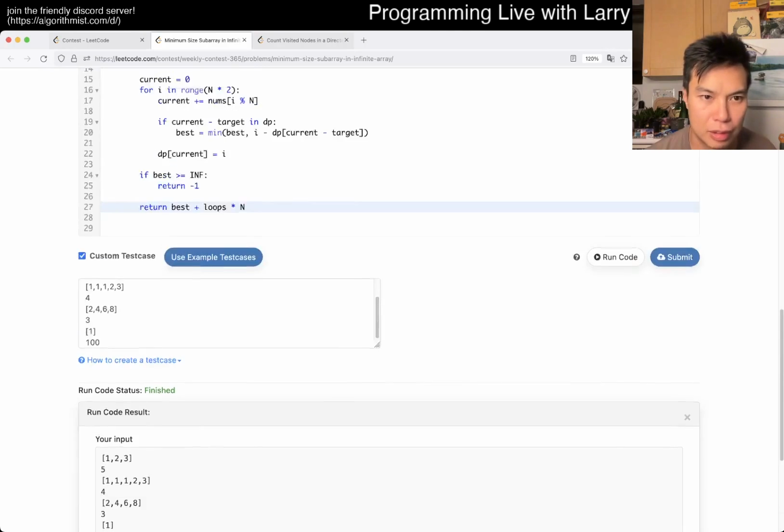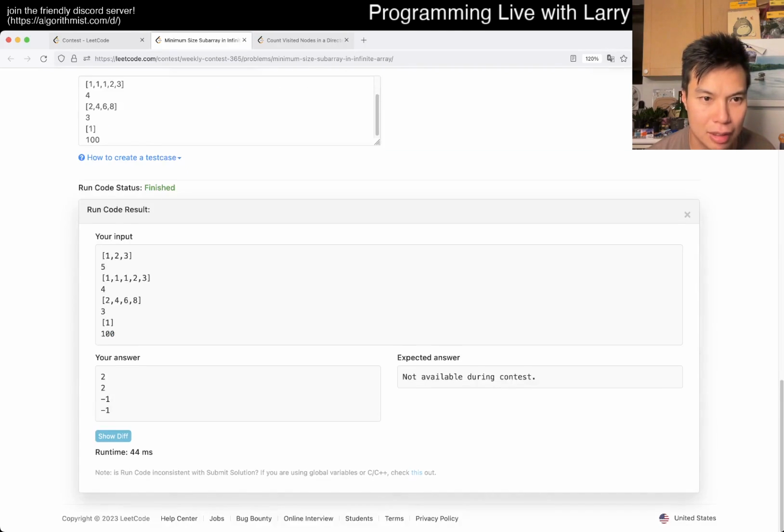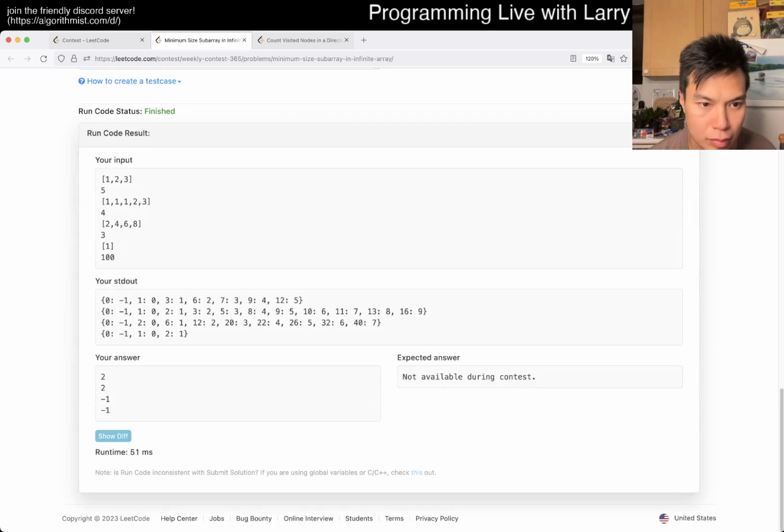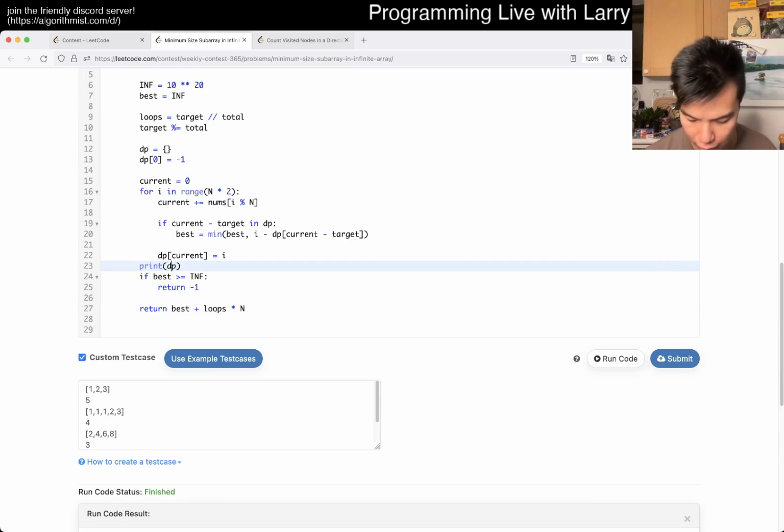All right, good thing you test this, Larry, because I don't know what happened here. So 1 is 0, that's fine. 2 is 1. So 2 minus target, what's target?